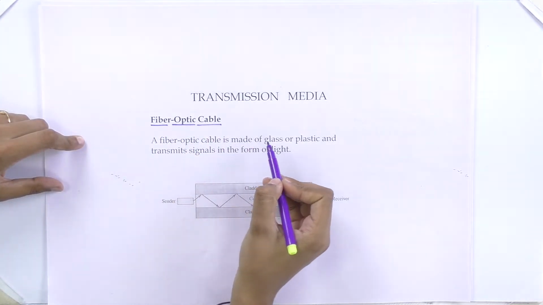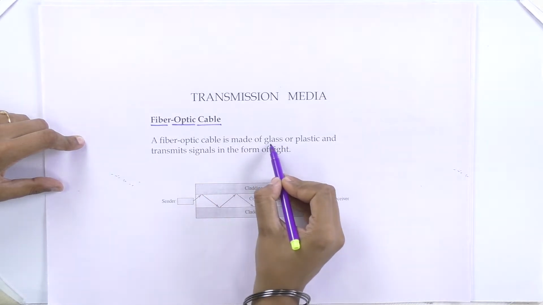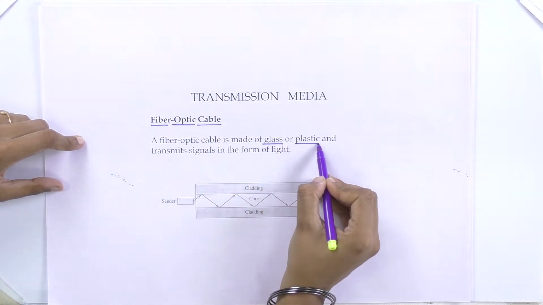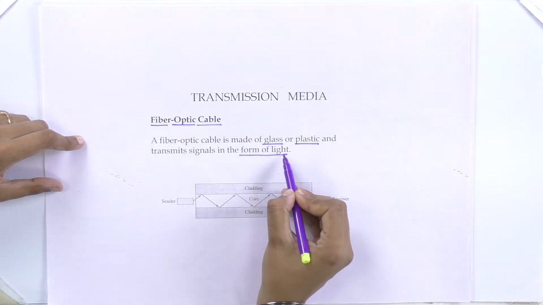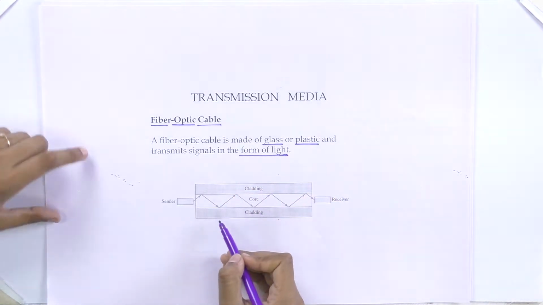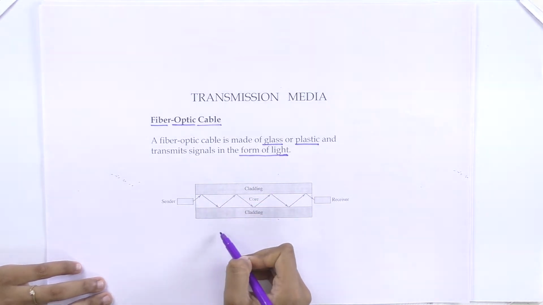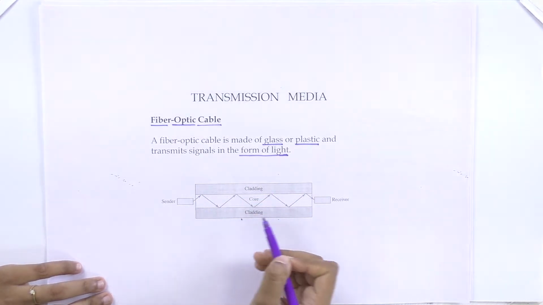Your fiber optic cable is made up of either glass or plastic, which transmits your signal in the form of light. When you see this, this is the formation of a fiber optic cable.